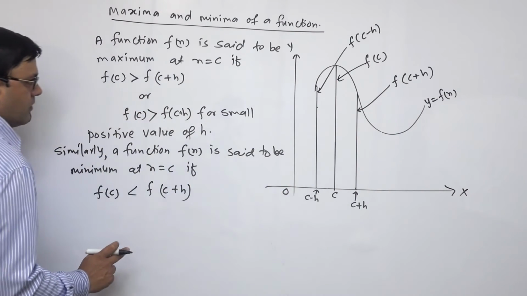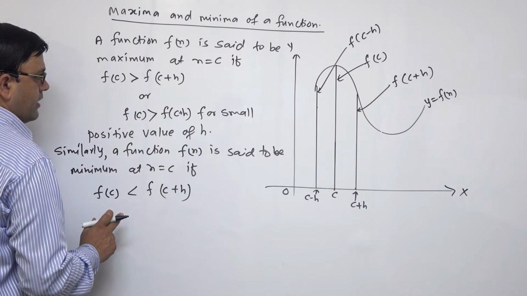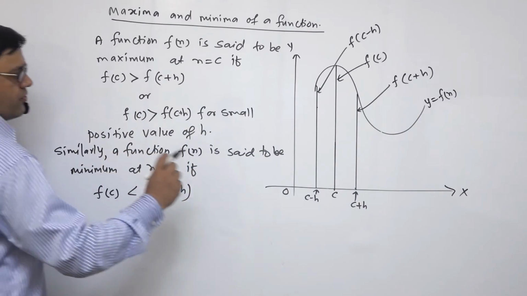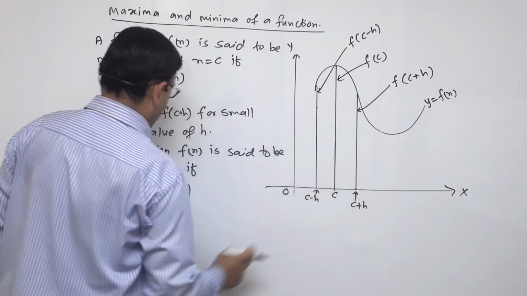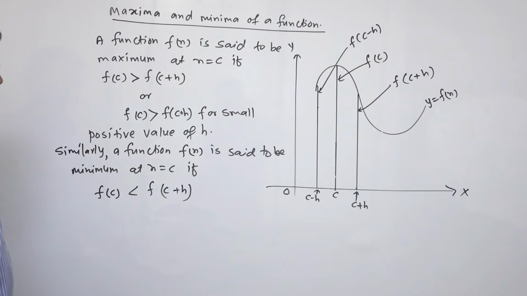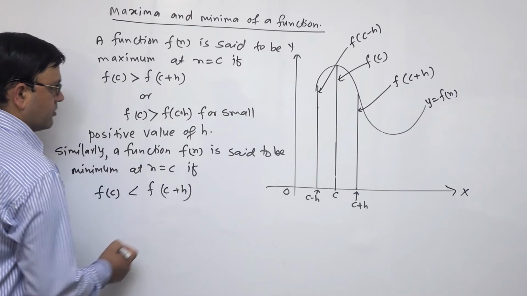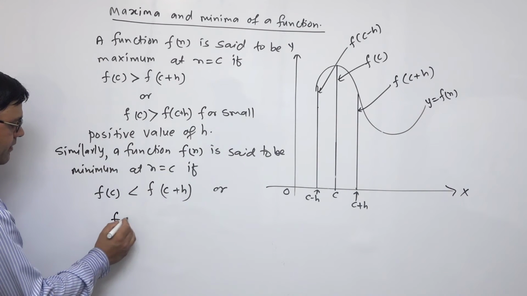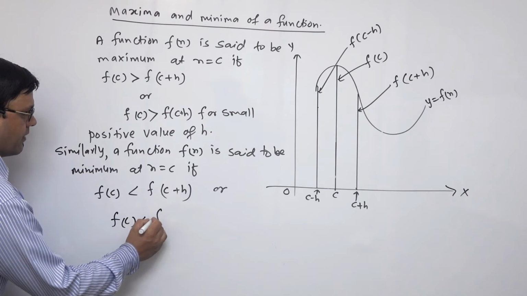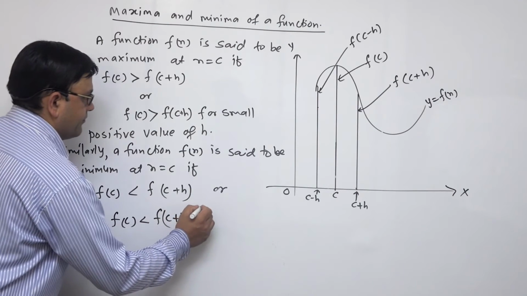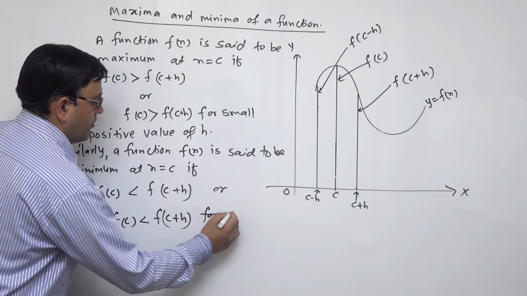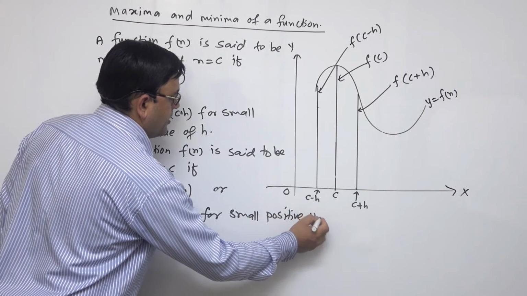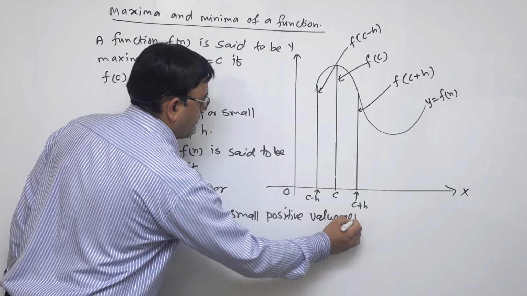f(c) is less than f(c-h). Look, f(c-h) is smaller than f(c). This is our f(c+h) itself. Now let us see, c+h, or we can write f(c) is less than f(c+h) for small positive value of h.